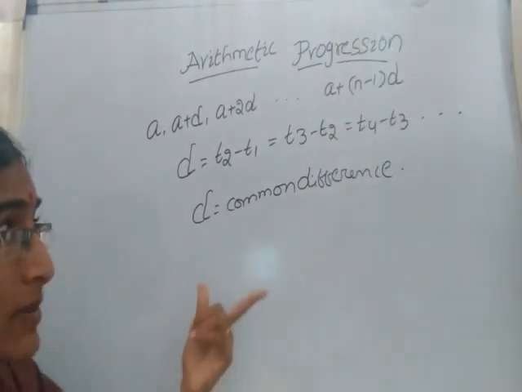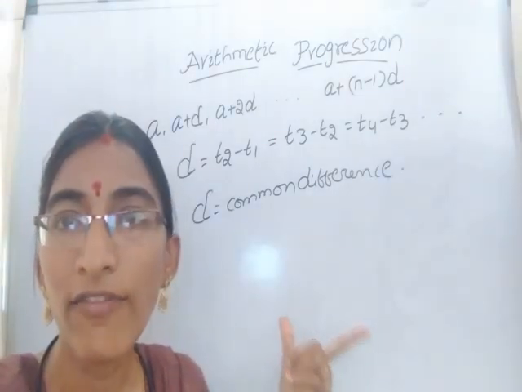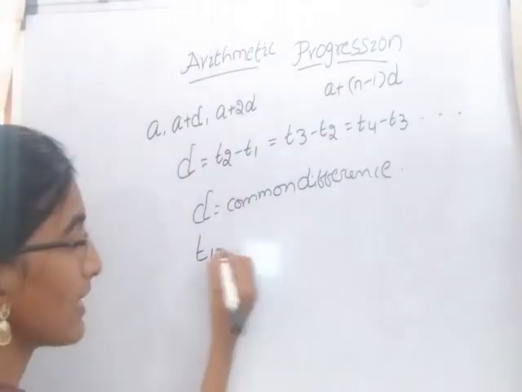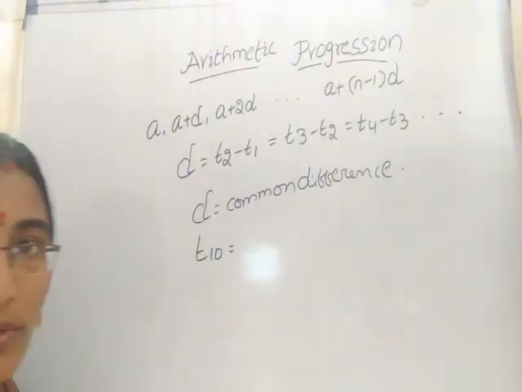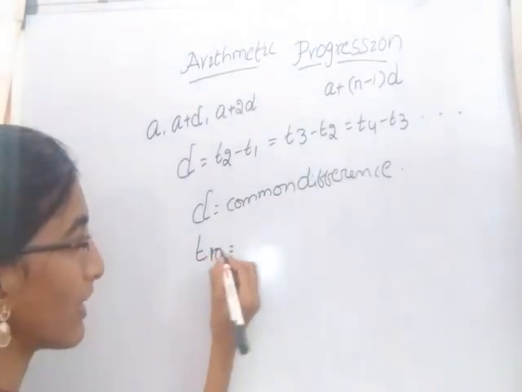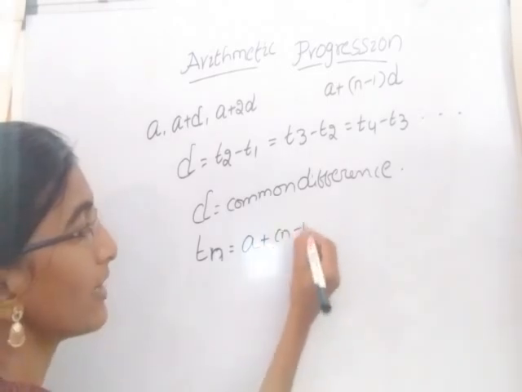Suppose we have to find some term, say the 10th term, t10. Before finding t10, we take tn is equal to a plus n minus 1 into d.